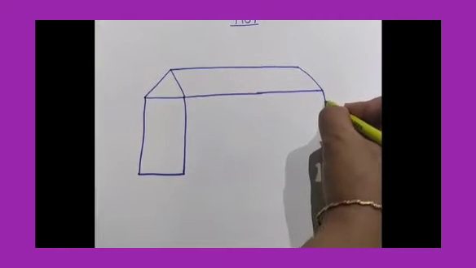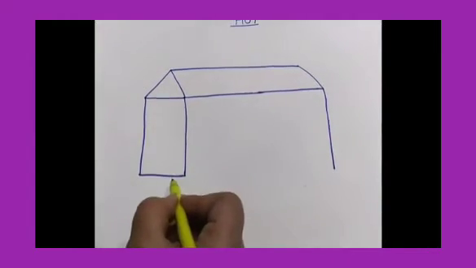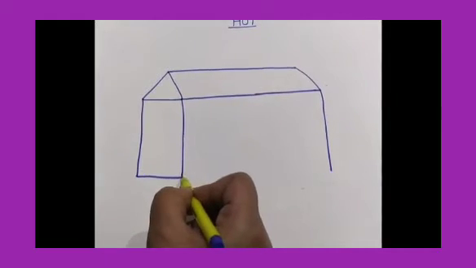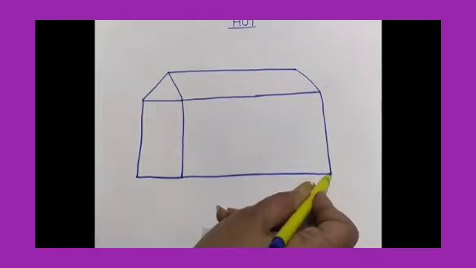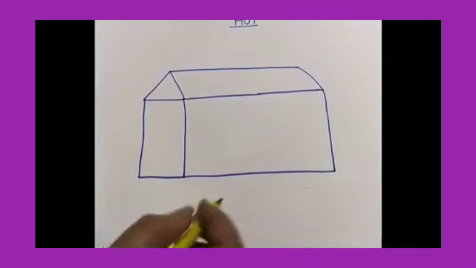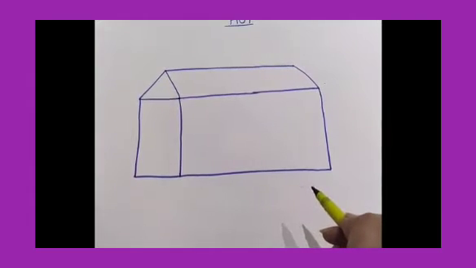Now again draw a standing line, then a slipping line. Now the outer side of the hut is ready.